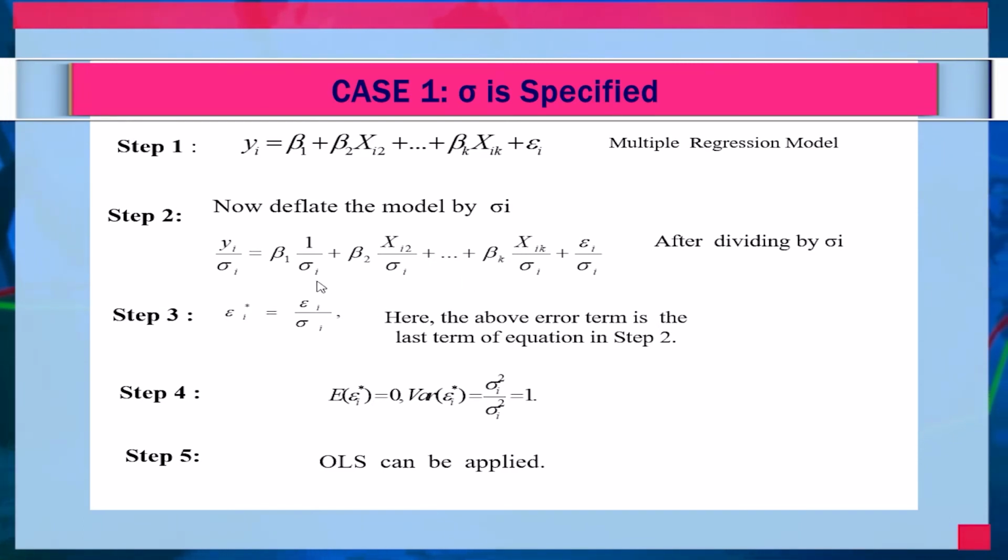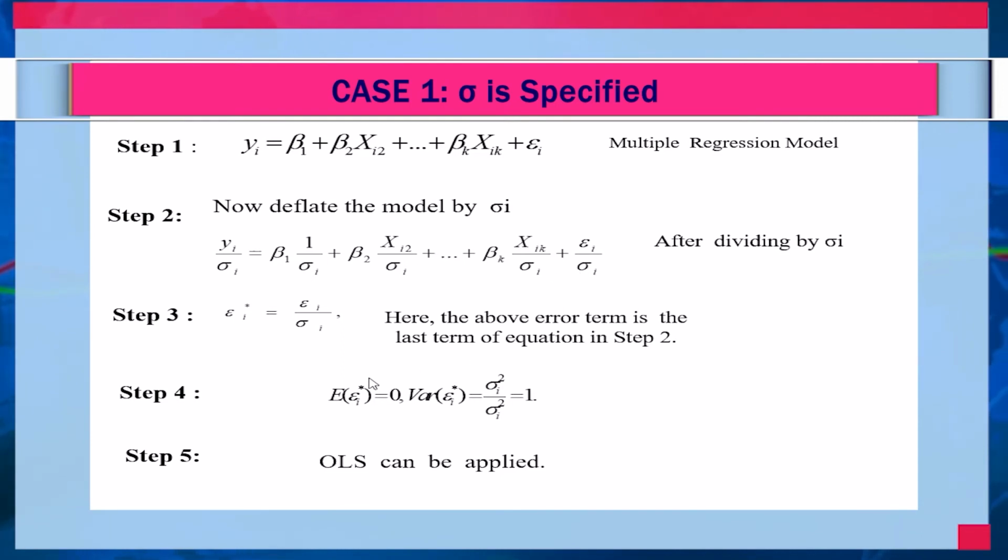And thereby we go to step 3, where we observe that this error term, epsilon i star, is basically epsilon i divided by sigma i. So what is this? This is a new error term being generated after the deflation is done by sigma i in step 2. So in step 3 we define a new error term, epsilon i star, which is none other than the last term under step 2.